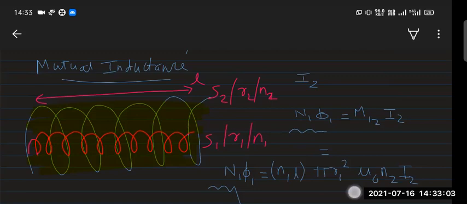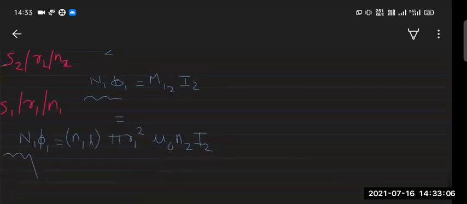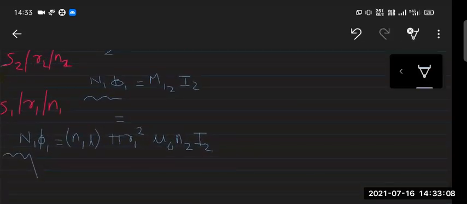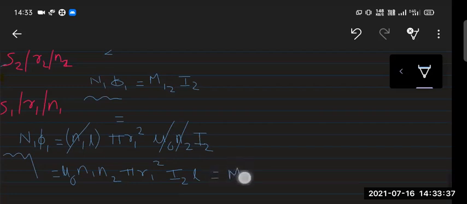So you can write it as N1 N2 mu 0 pi R1 square into I2 into length. This is the value of N1 phi 1, and this is nothing but equal to M12 into I2.